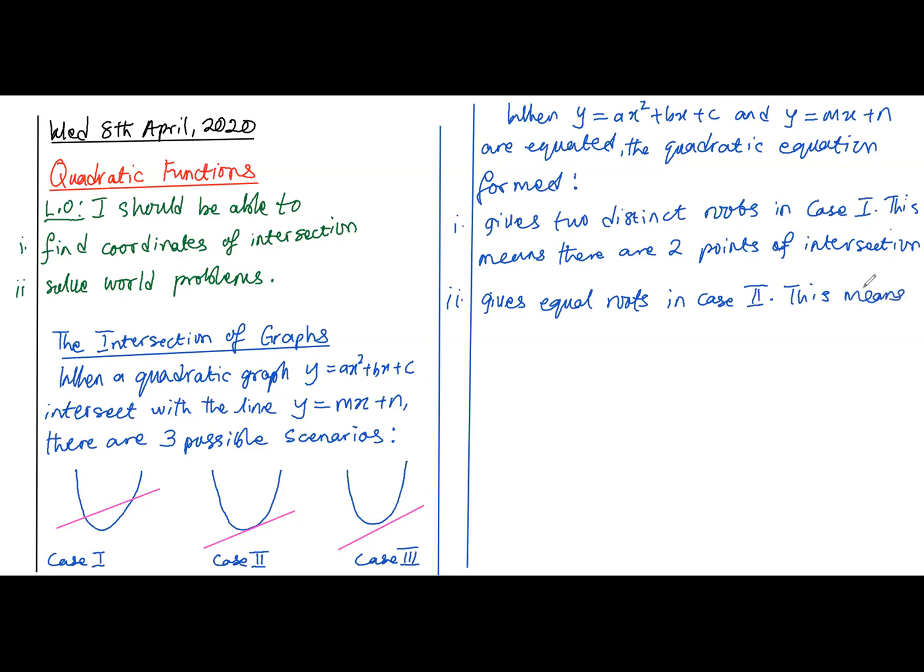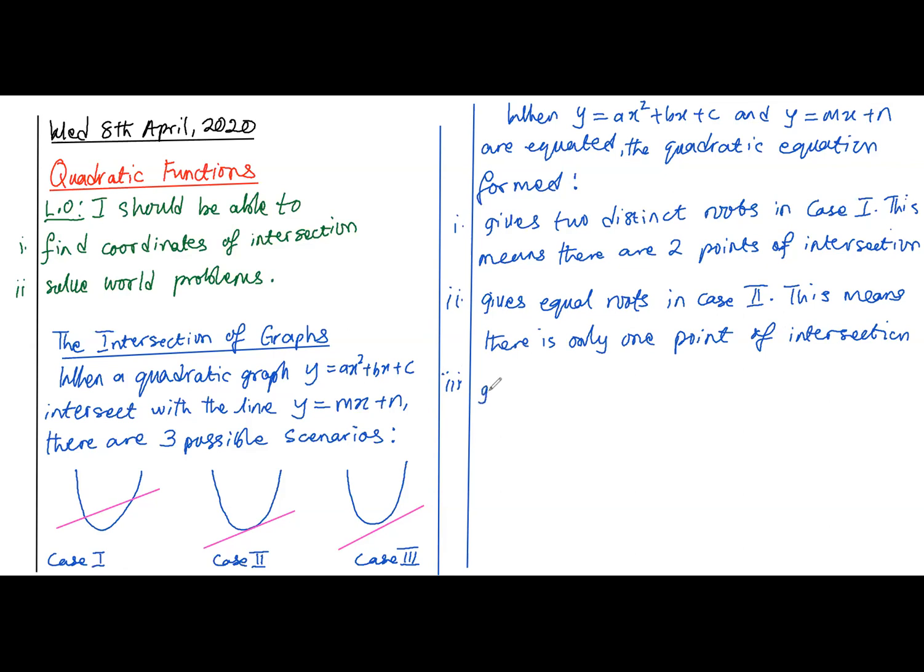This means there is only one point of intersection. There's only one point of intersection.